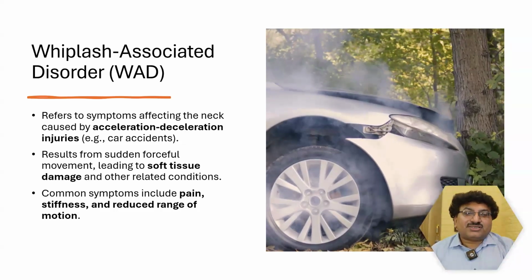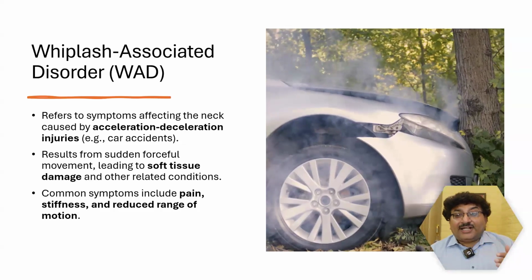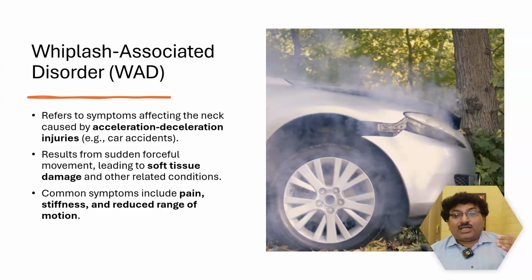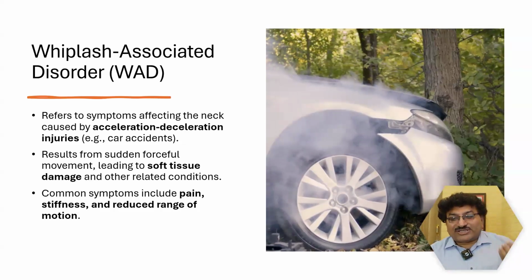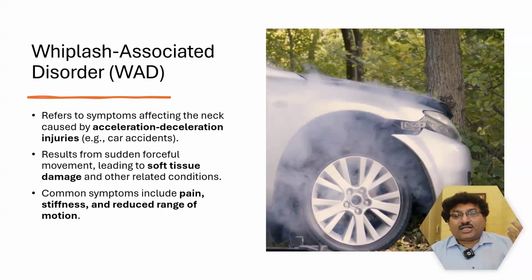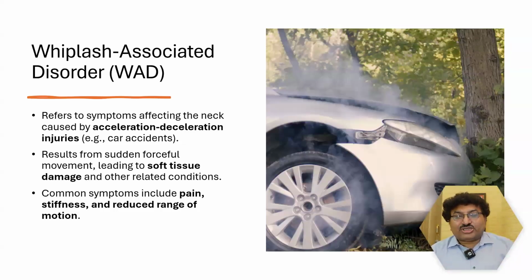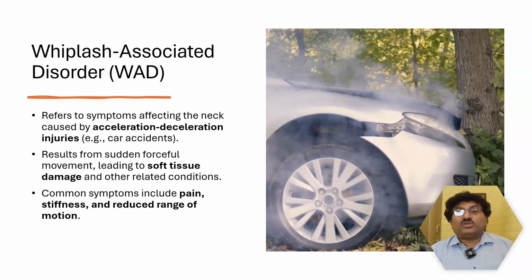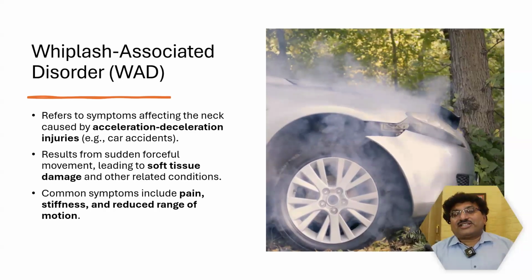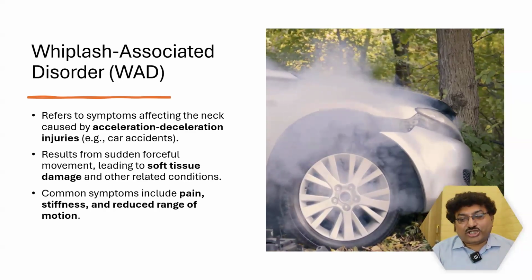Remember, it does not only cause facet pain, but it can cause fracture, muscular injury, nervous injury, everything. But one of the most common causes of whiplash associated disorders is actually facet joint pain.